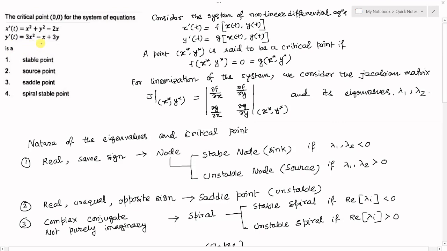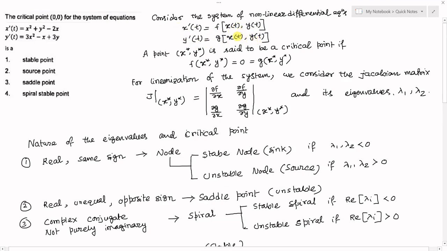Before going to solve this problem, let us recall the technique of linearization about a critical point. For this, let us consider a system of nonlinear ordinary differential equations given by x'(t) = f(x(t), y(t)) and y'(t) = g(x(t), y(t)).